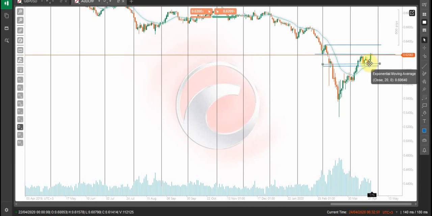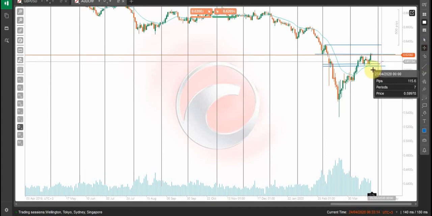So if you are late, it would also be good to enter in this area with this pullback. Entry, then your stop loss. So we are going to check right here the distance.